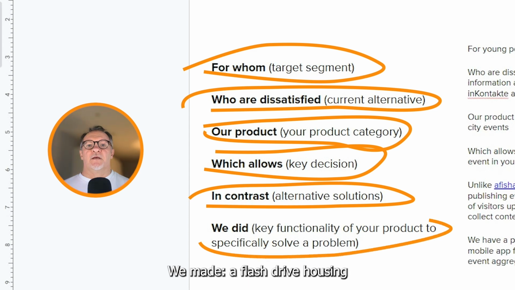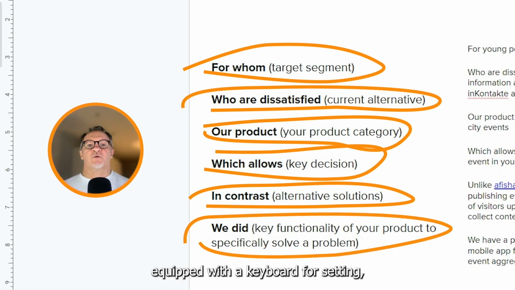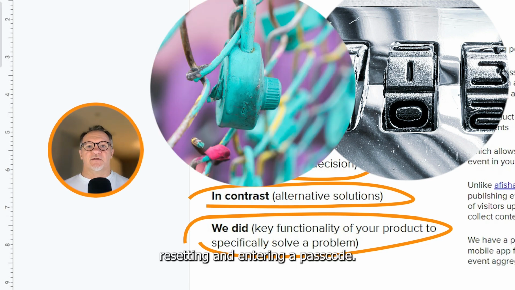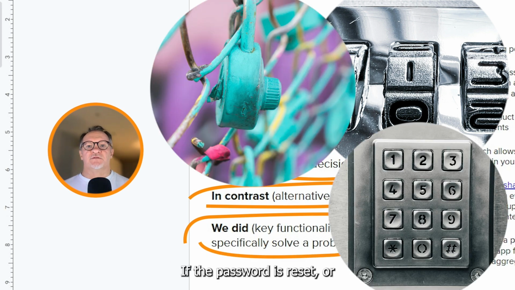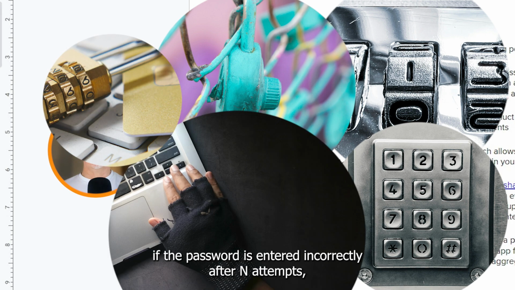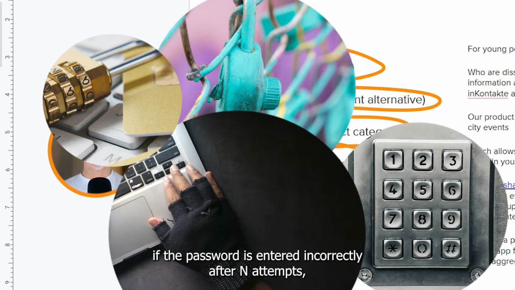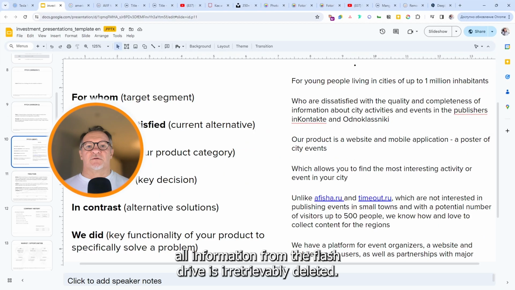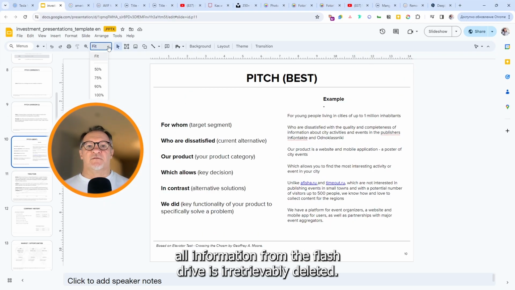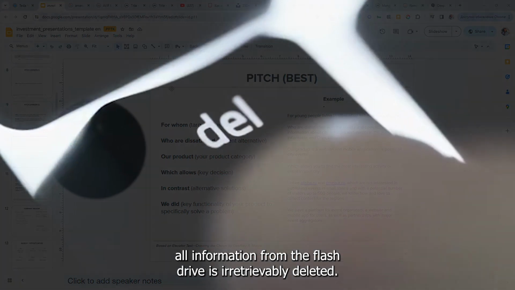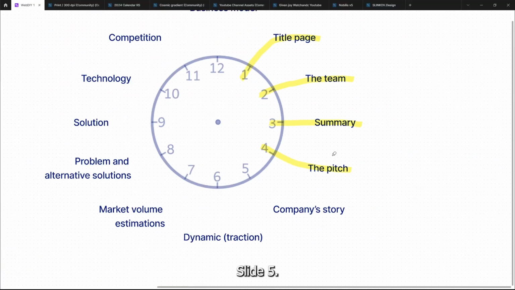We've made a flash drive housing equipped with a keyboard for setting, resetting, and entering a passcode. If the password is reset or entered incorrectly after an attempt, all information from the flash drive is irretrievably deleted.